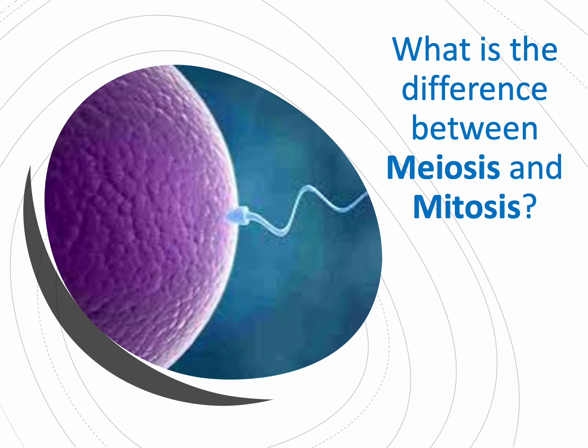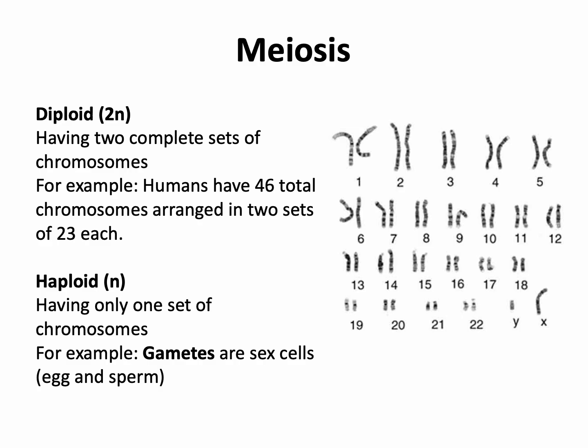So what is the difference between meiosis and mitosis? Well, there's a few differences. The biggest one is that the goal of meiosis is not to simply duplicate the genetic material and then produce an exact clone copy of the cell.